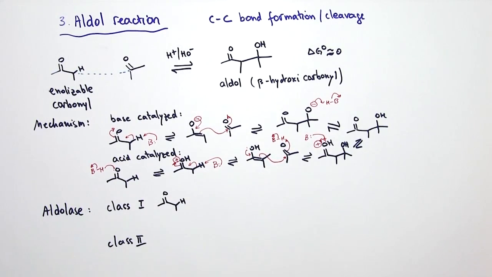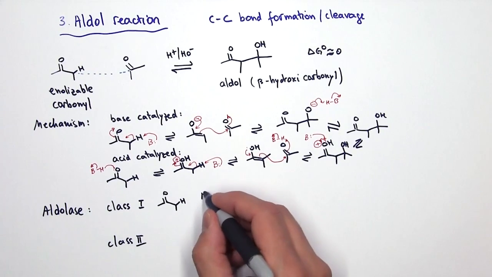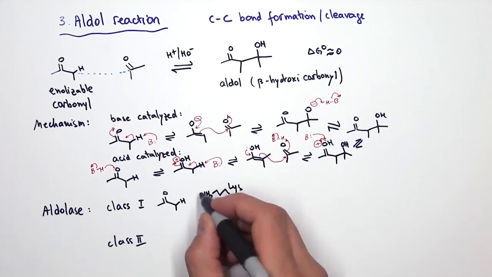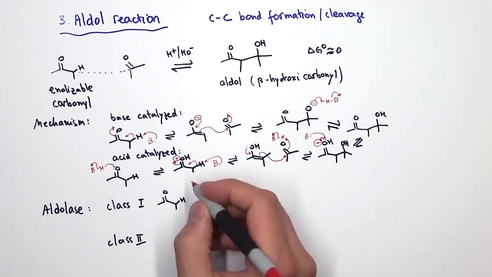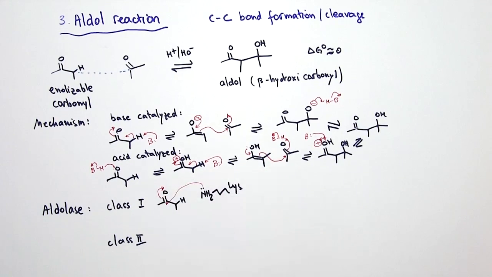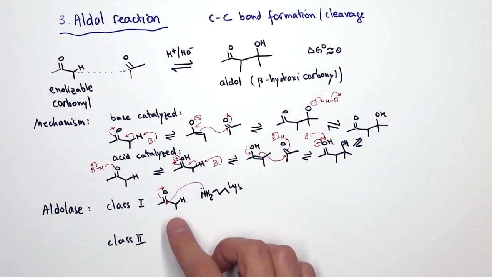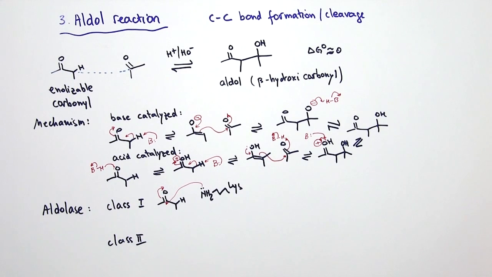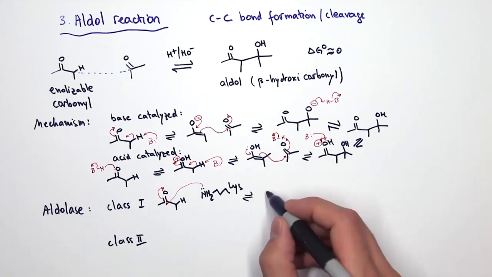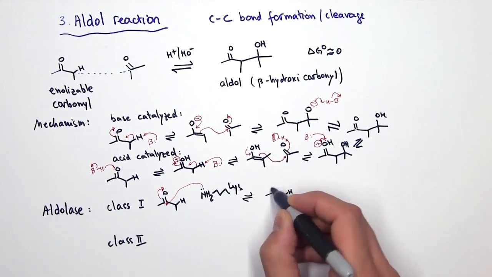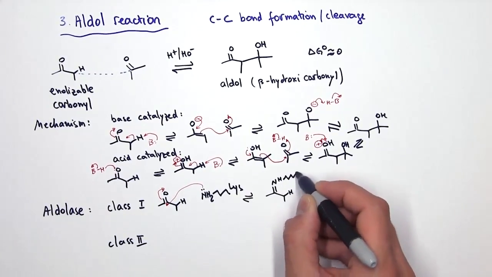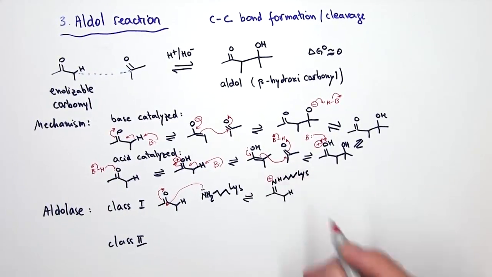So here is how the mechanism for the class 1 aldolase would look. Here is our enolizable carbonyl, and here is our active site lysine. As we saw before, an amine reacting with a carbonyl will give us a Schiff base. The reaction goes via a tetrahedral intermediate, which we're not going to draw here, but what we form is this iminium ion.